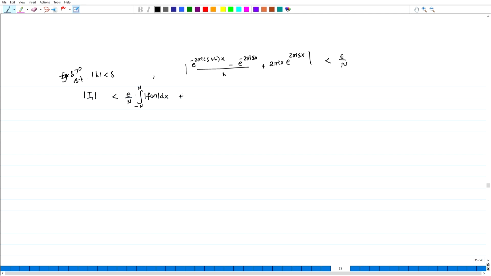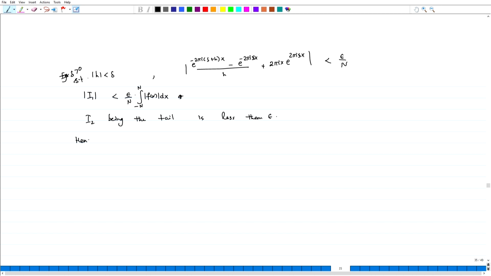And in the second integral, I 2 being the tail, is less than epsilon. Therefore, the entire thing is small.